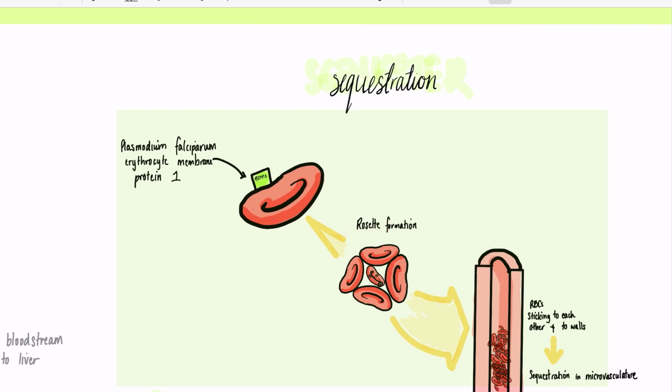Rosettes are much bigger than your average sized RBC. These rosettes can stick to each other and to the walls of the endothelium, and therefore they can get sequestered or stuck in the microvasculature of the body.